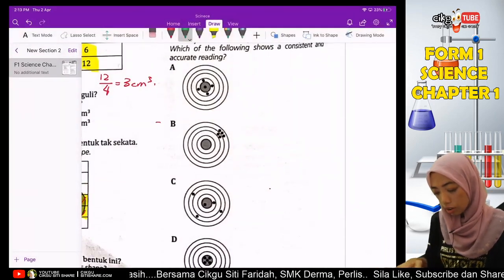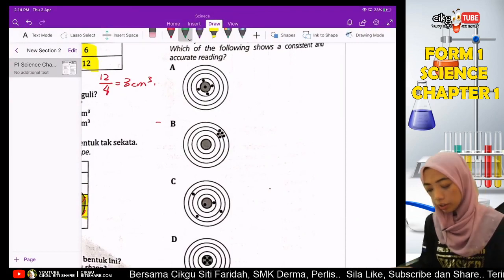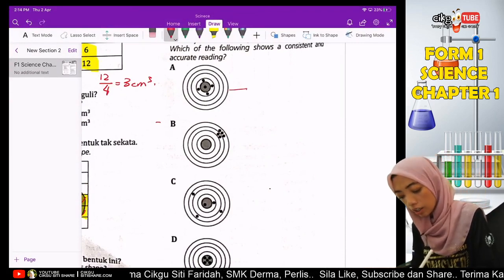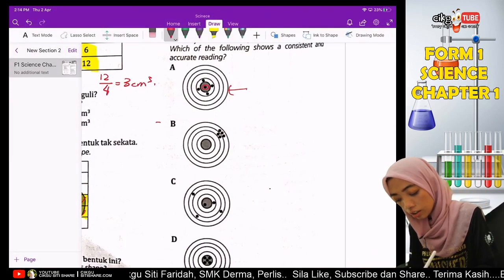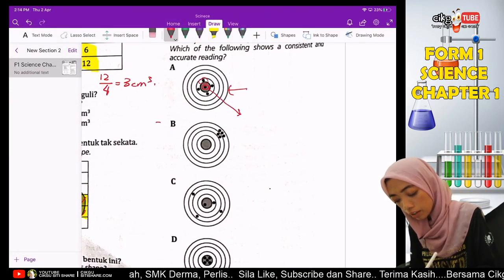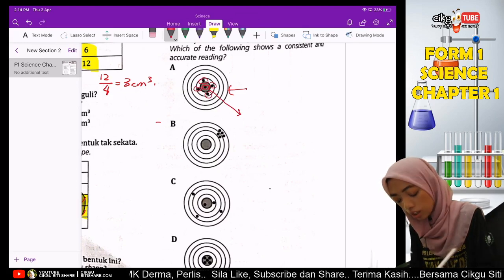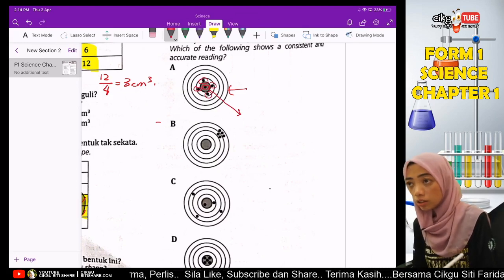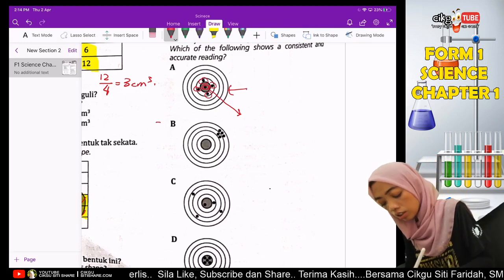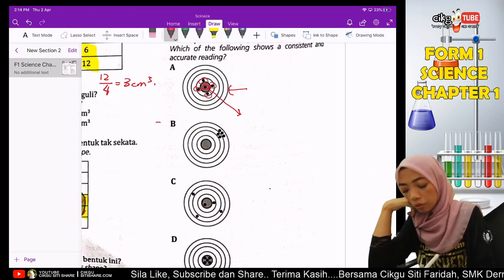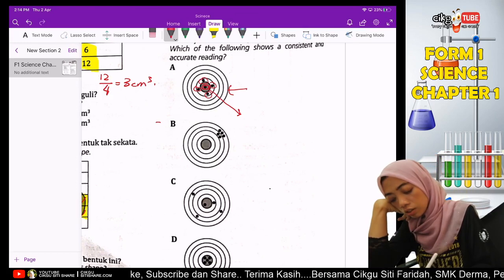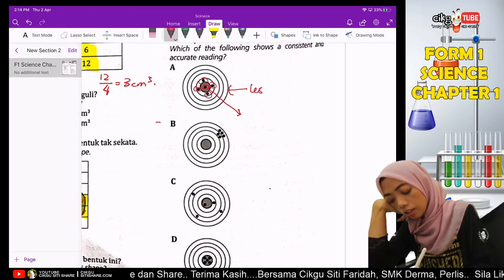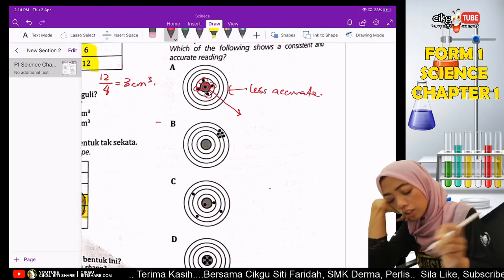So, which of the following shows consistent and accurate? So this A, you can see, this is the accurate one, but this is not accurate and not consistent. So this is less accurate. Okay, there is consistent there, but not all consistent. Less accurate. But there is one accurate.